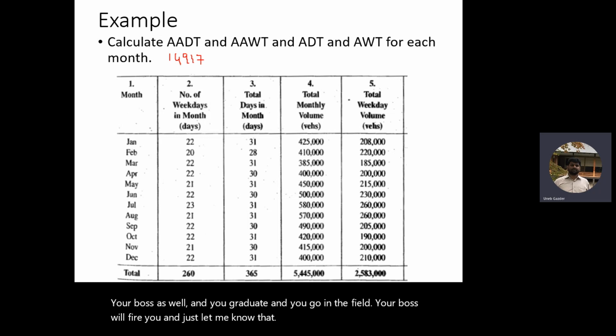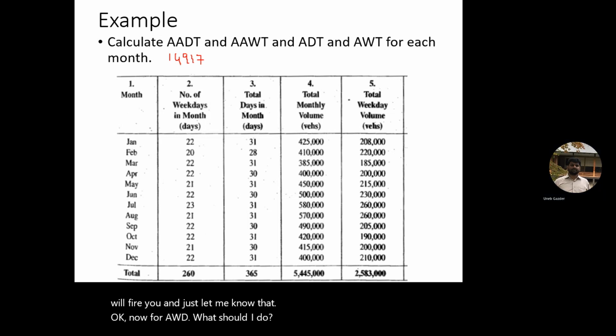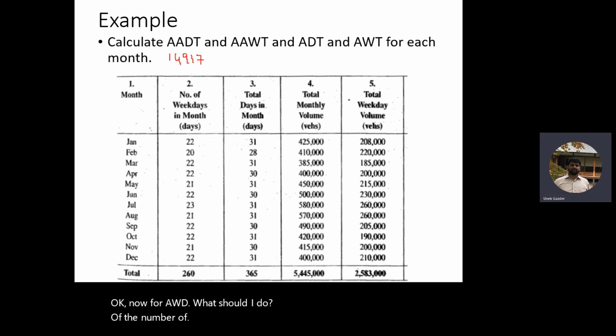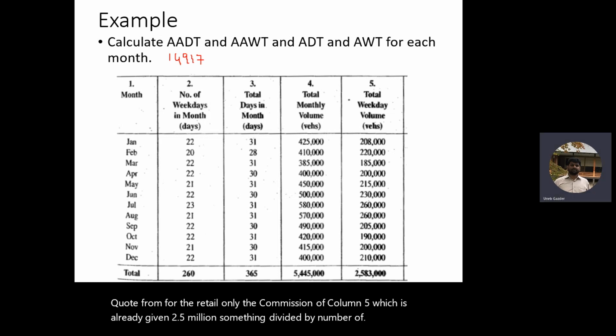Okay, so now for AAWT, what should I do? Number of vehicles in the year for the weekdays only. So summation of column 5, which is already given, 2.5 million something, divided by the number of weekdays, which is normally around 260.